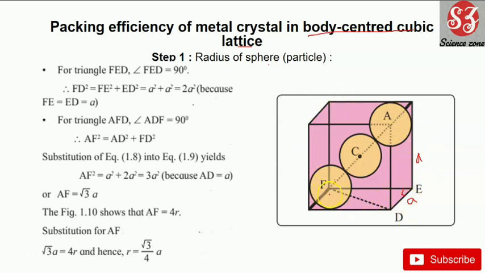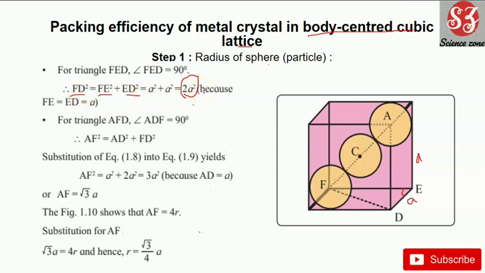Now FD square will be equal to FE square plus ED square according to the Pythagoras theorem. That is a square plus a square, which makes 2a square. So the value of FD square is 2a square.